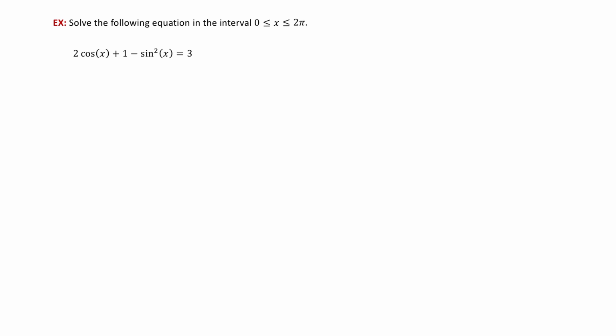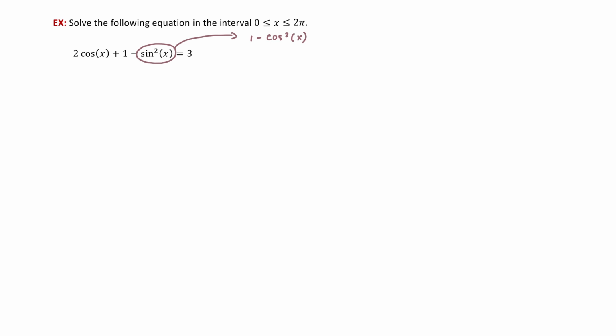So let's go ahead and see how we can possibly do some sort of substitution so that we get the same variable on the left side. For example, I already see that I can do that by perhaps substituting sine squared x with 1 minus cosine squared x. And this comes directly from the Pythagorean identity.